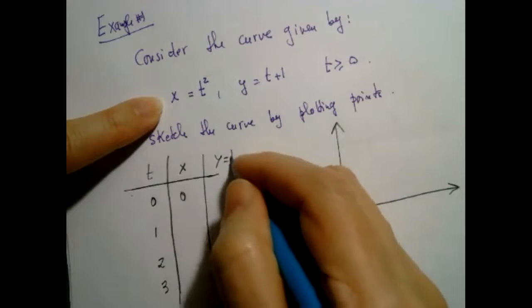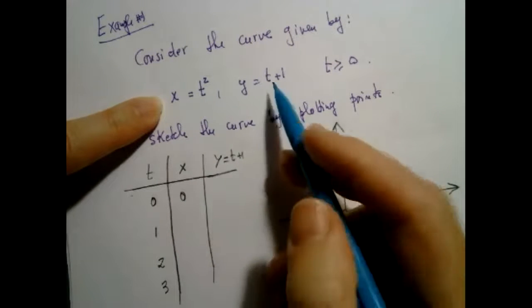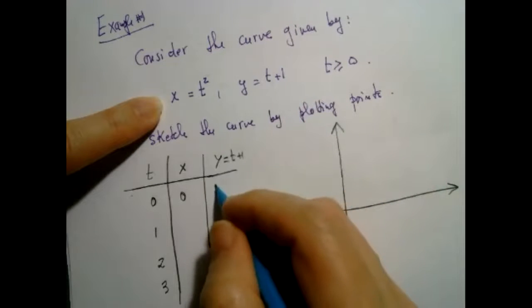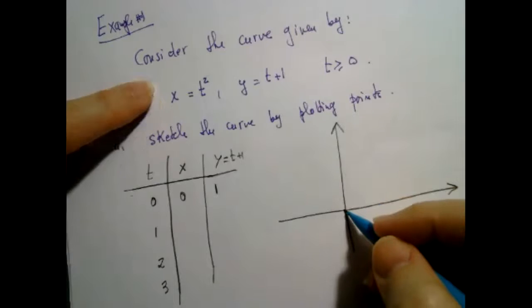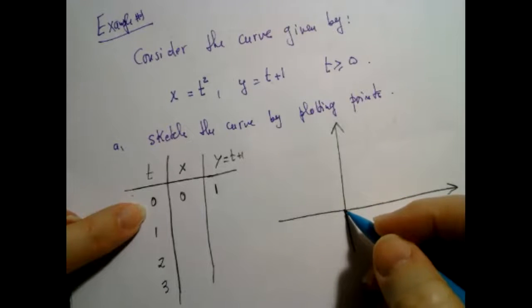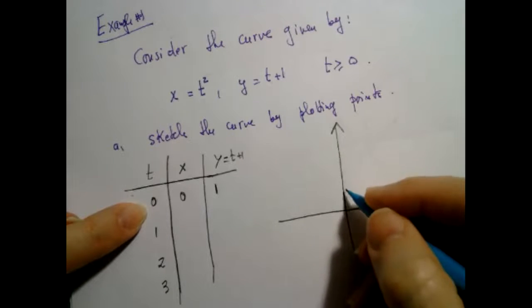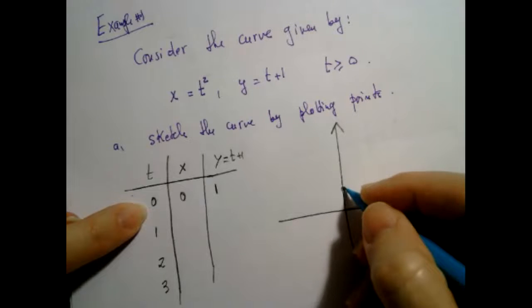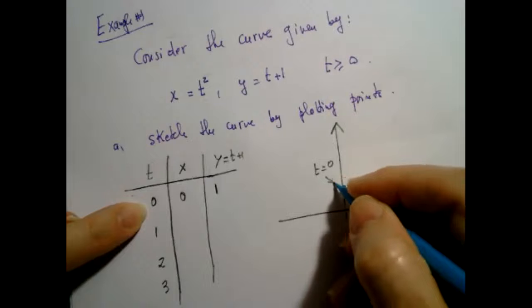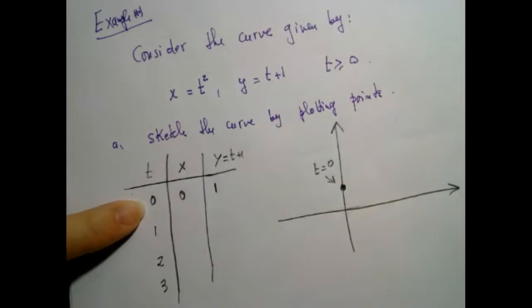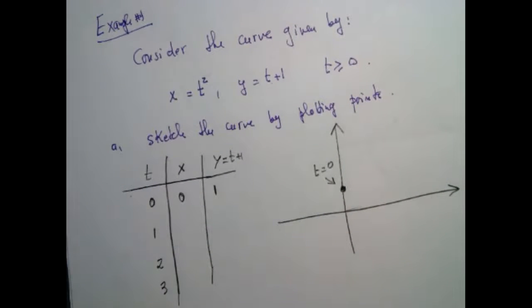And its y coordinate, I plug in 0 for t here, is equal to 1. Which tells me that initially, when t equals 0, the object was at the point (0, 1). So the object was right here at t equals 0.